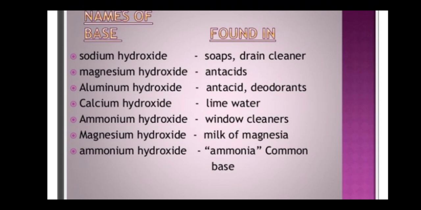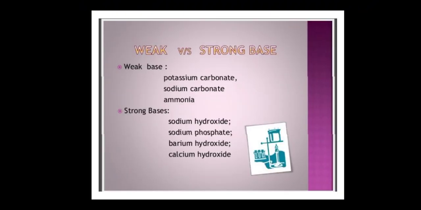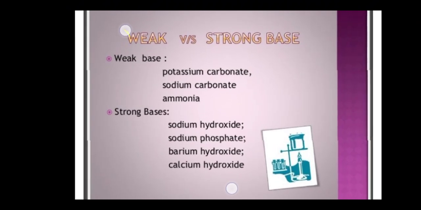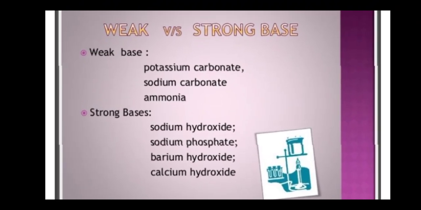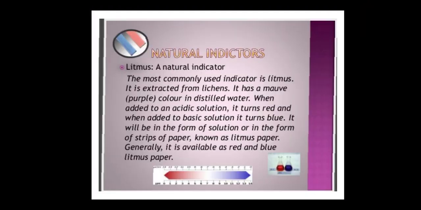So these are the names of the bases and where they are found. Now there are strong bases and weak bases. The weak bases are potassium carbonate, sodium carbonate, and ammonia, and strong bases are sodium hydroxide, barium hydroxide or calcium hydroxide.